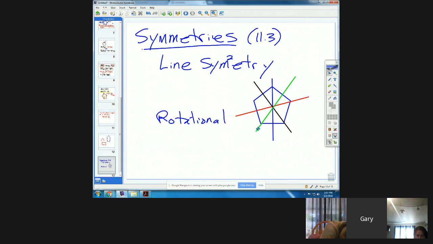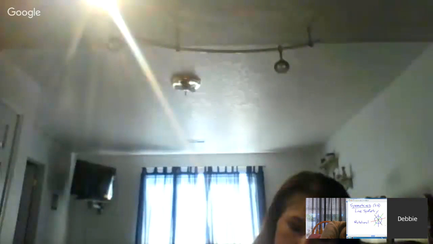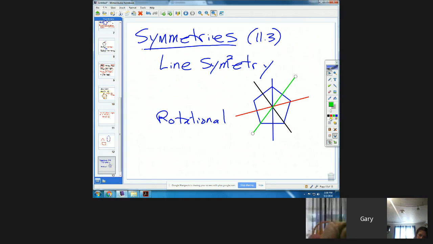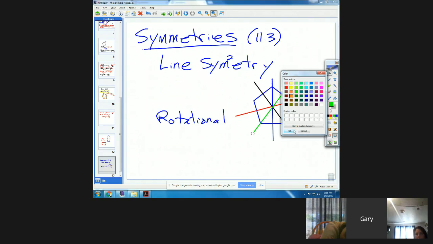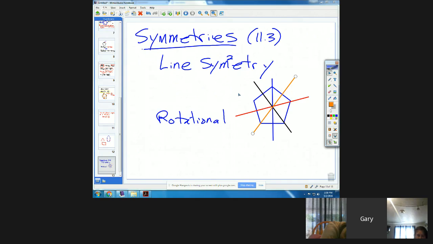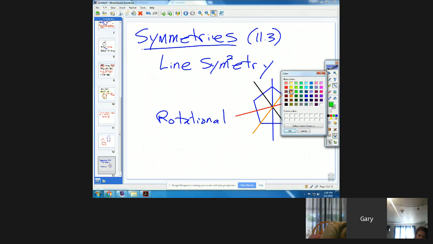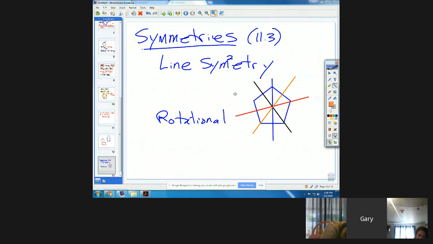And kind of missed on that one. How many lines of symmetry does it look like a pentagon might have? Let's try orange. What's that? 4. Oops. 5 lines of symmetry, yeah. It's pretty close. So this has 5 lines of symmetry.